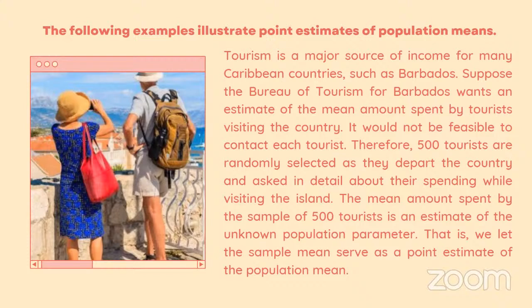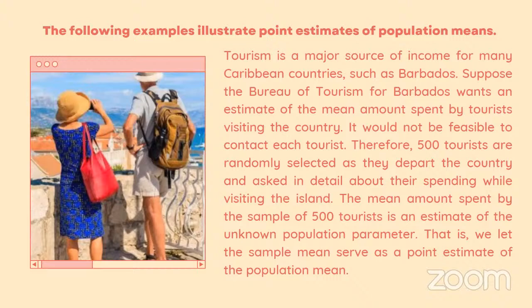500 tourists are randomly selected as they depart the country and asked the details about their spending while visiting the island. The mean amount spent by the sample of 500 tourists is an estimate of the unknown population parameter.